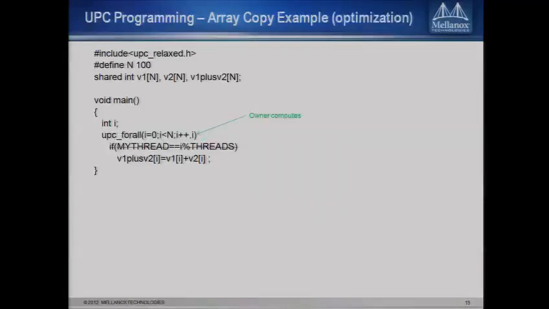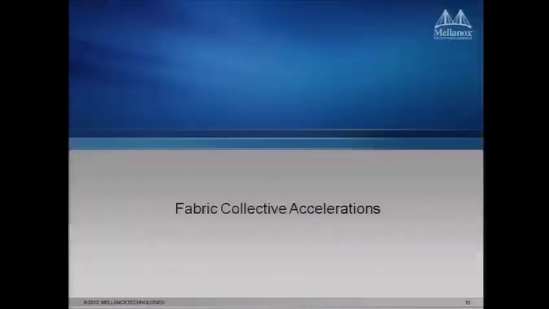And then I also have a UPC forall, which is an optimization. What this UPC forall function says is that if the owner is I, go ahead and compute the thread as well. So you don't have to do this little check here. So that's an example of a PGAS language.